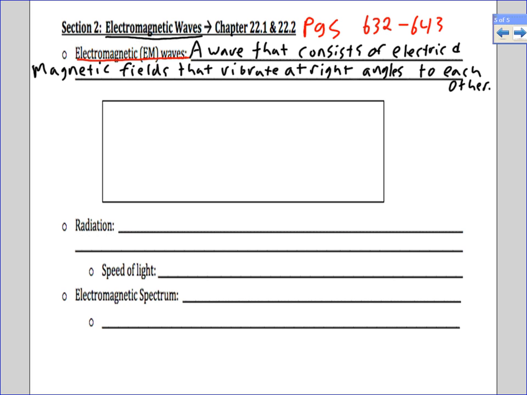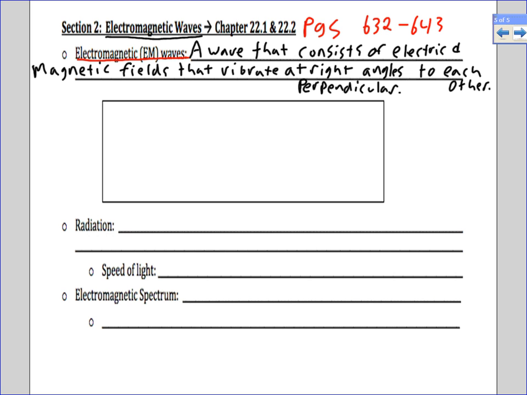So if they're at right angles to each other, they're perpendicular to each other. All right? And that is the electric and magnetic fields that are perpendicular to each other.